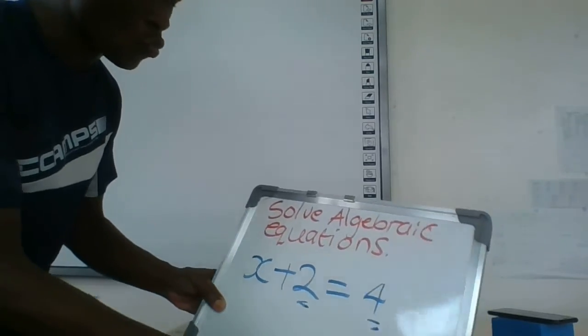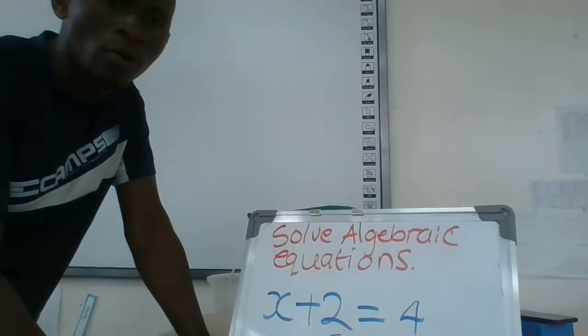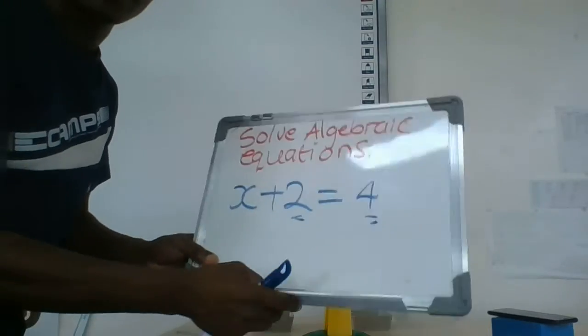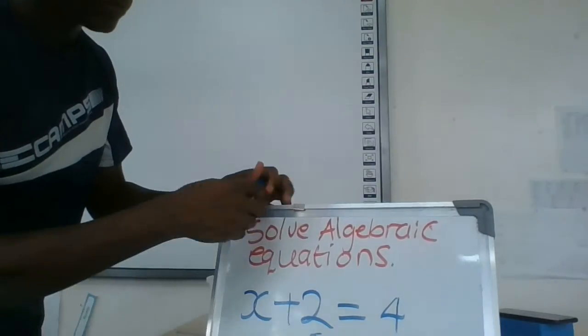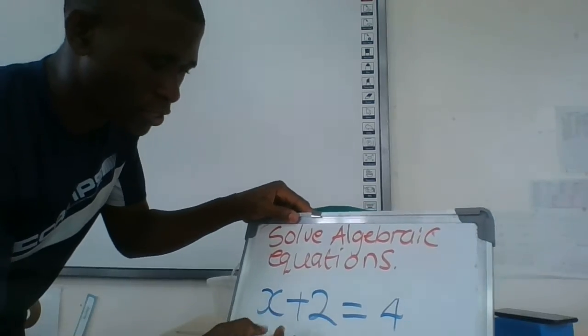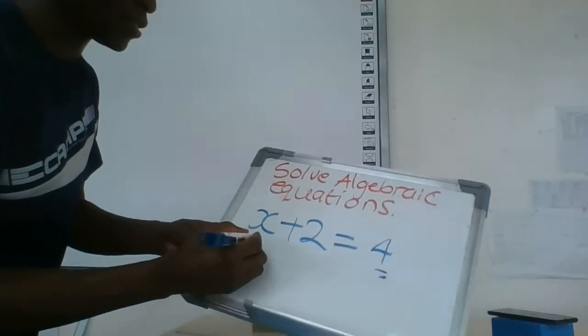So we can do it by subtracting one marble on each side, taking away one marble from each side at a time. So I will start taking away one marble from this side.